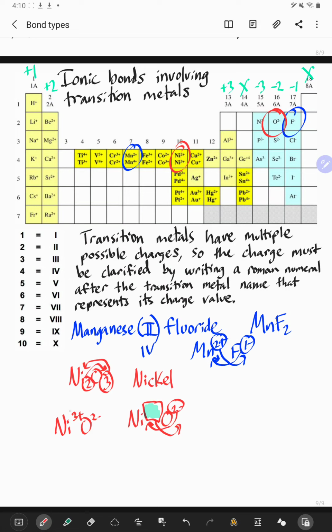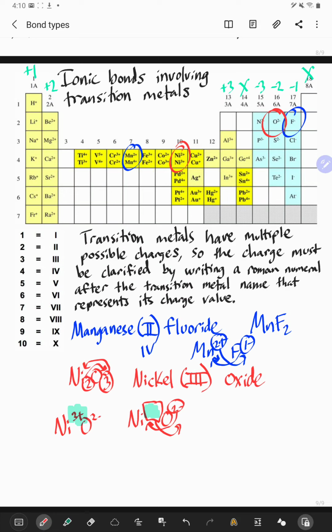So that's going to tell us that this 3 here is the important thing. That's going to tell us that we have nickel with a +3 charge. So we're going to write that as nickel(III) oxide. And again, it's nickel and oxygen, but we're going to drop the ending and replace it with IDE.